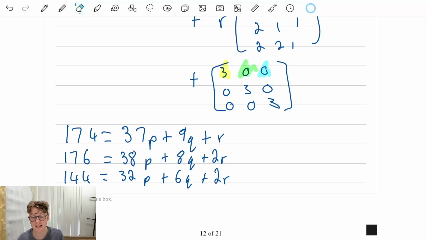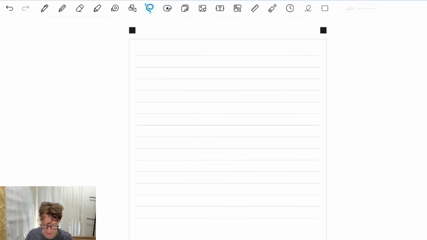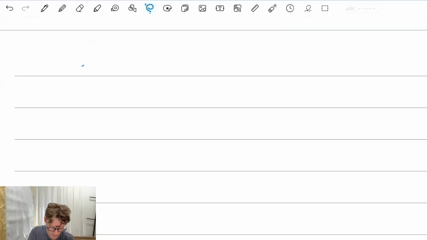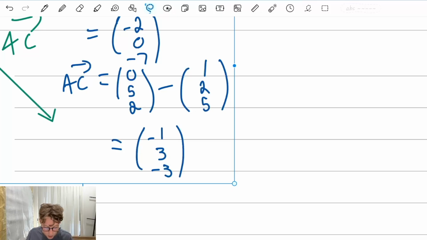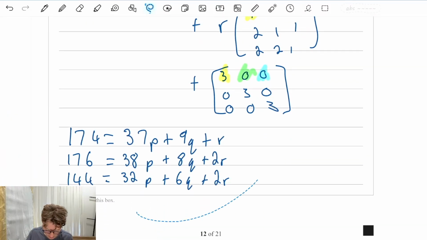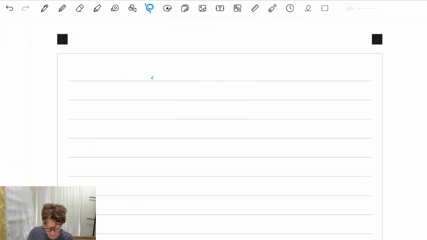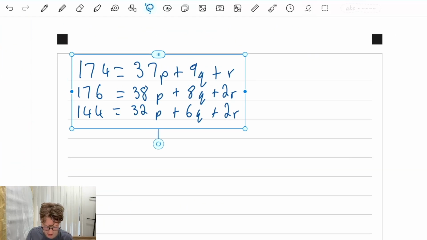I get this. I can now translate all of this to a coefficient matrix. I'm going to copy that. I'm going to bring it across here. So we do the coefficient matrix part of all of this. Paste. What? Did that not copy properly? Copy. Copied. Nice. Paste. Nice. Okay.